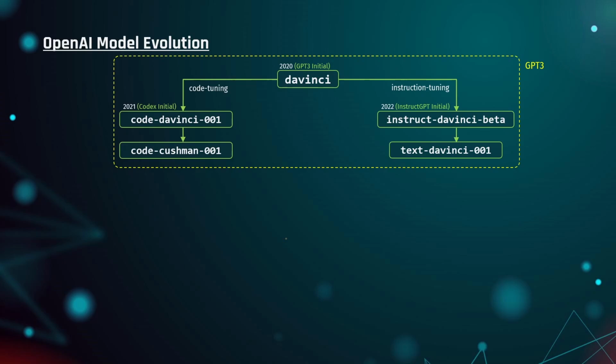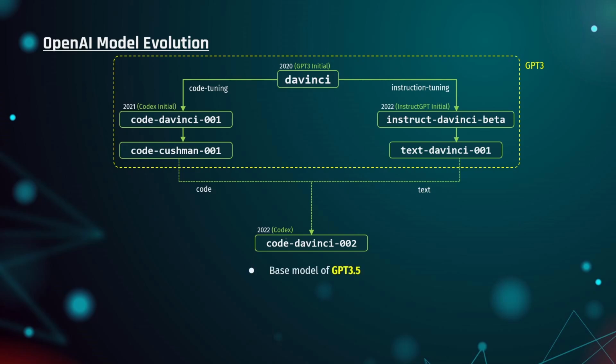Later, combining the powers of the last two GPT-3 models, we got Code Da Vinci 002, which was released in 2022, and this infamous model is widely known as Codex. This particular model, Code Da Vinci 002, takes the reasoning power of Code Cushman and the power of understanding human text from Da Vinci 001 to create the base model of GPT 3.5.